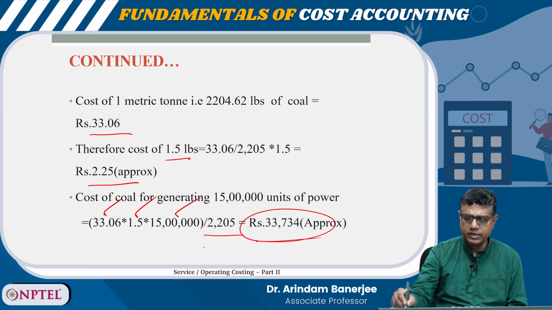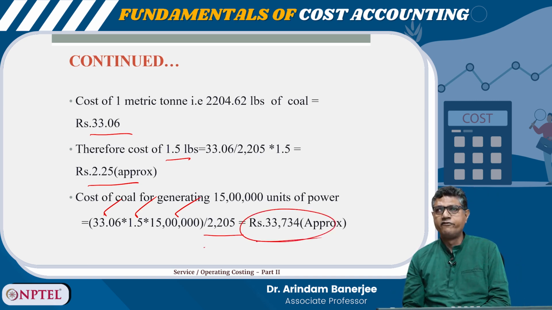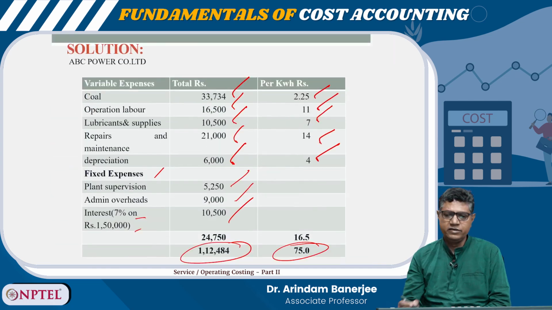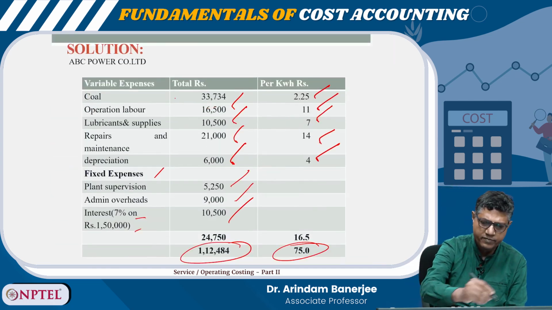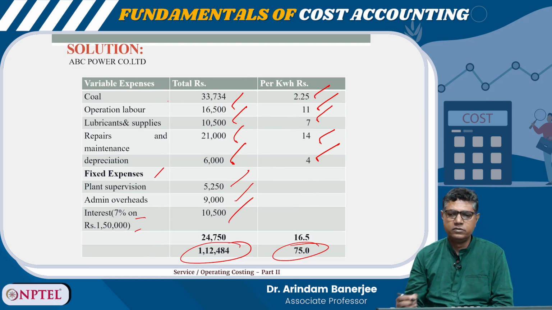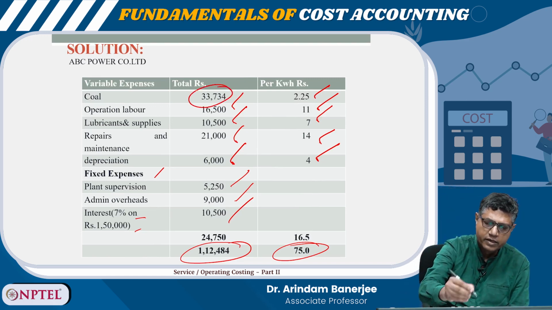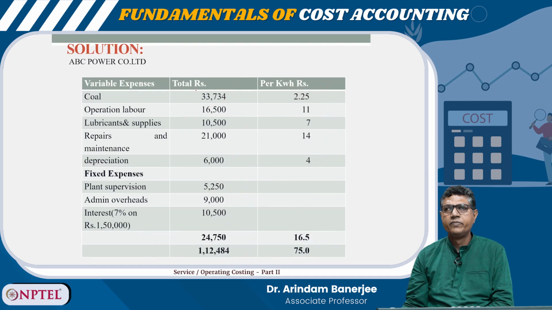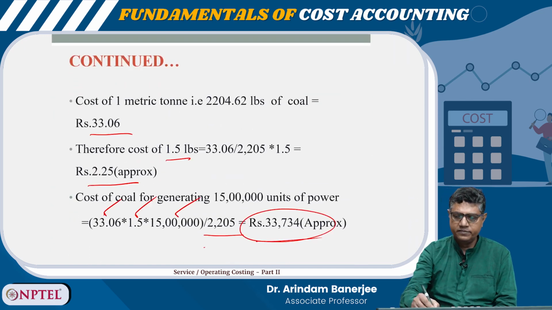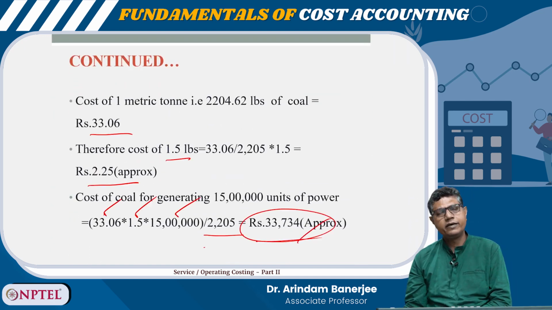So it is coming to 33,734, which is shown here. This value is coming from here. Okay, fine.